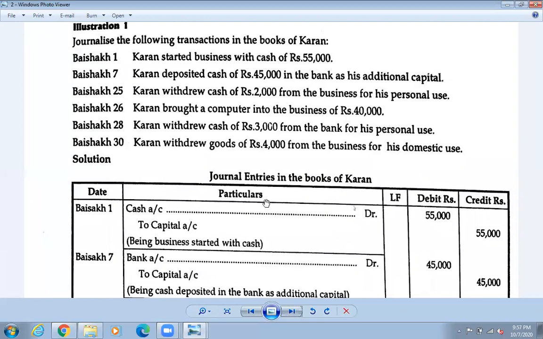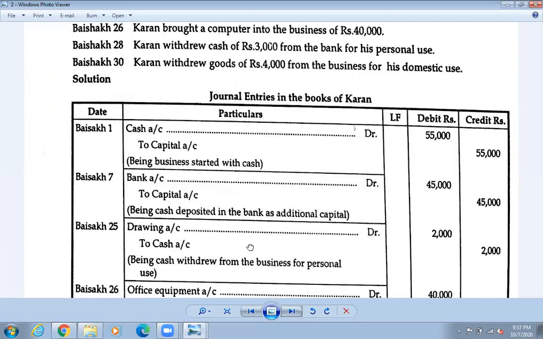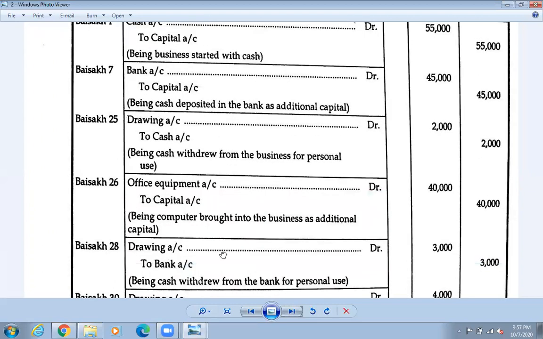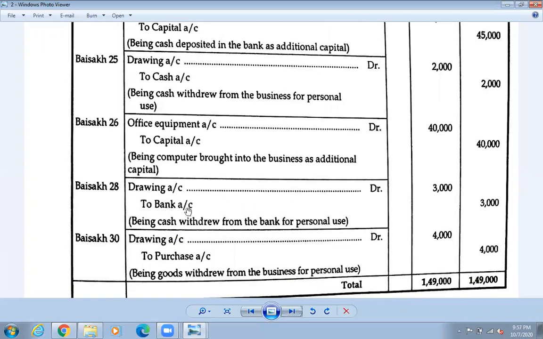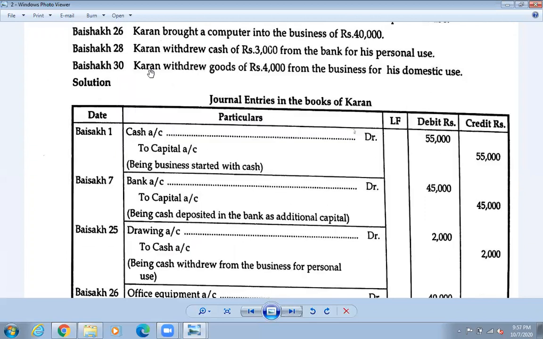The money has gone out of the bank. If the money is coming out, we call it the bank account. How much has he withdrawn? 3,000. Being cash withdrawn from the bank for personal use. Personal use means drawing. Okay, current withdraw goods.